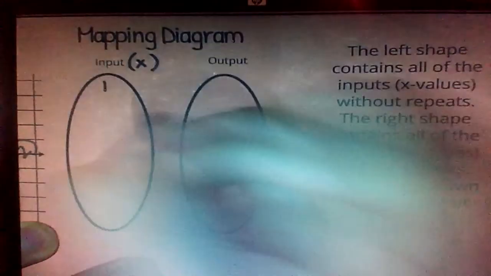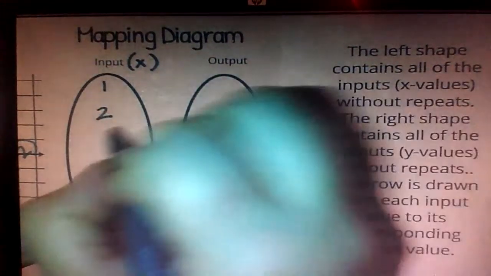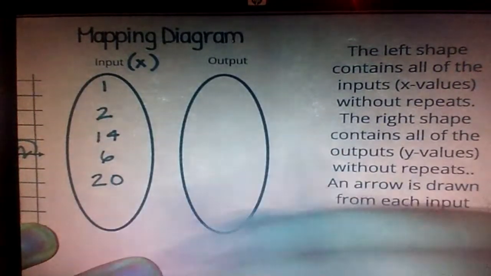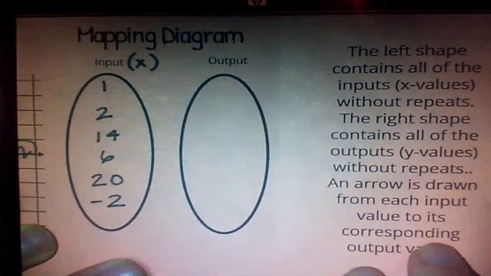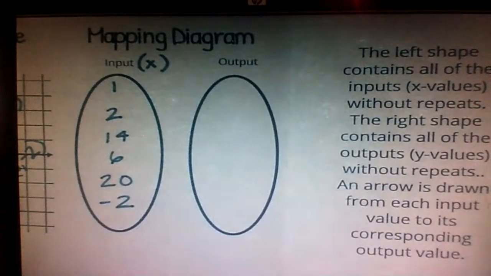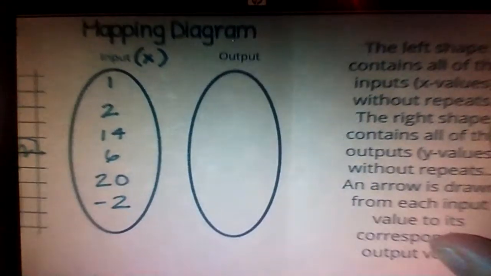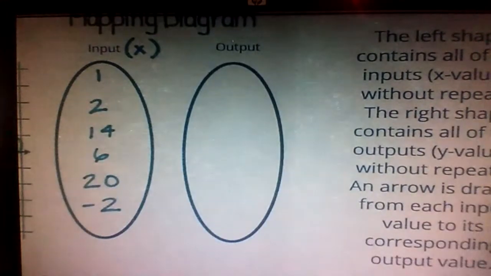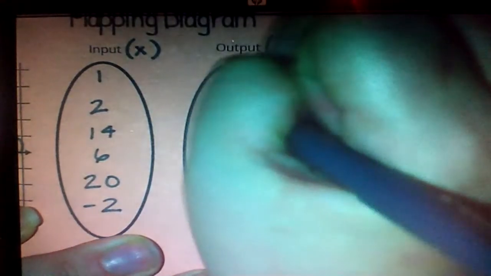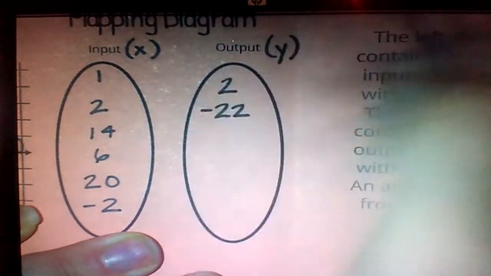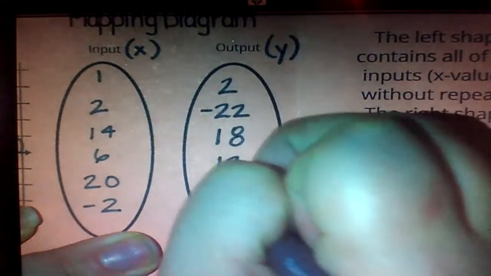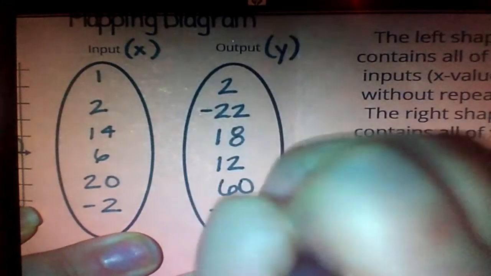So, 1 and 2 and 14 and 6 and 20 and -2. So again, your first oval is always going to be your x values. Your output then is your y values. 2, -22, 18, 12, 60, and -4.